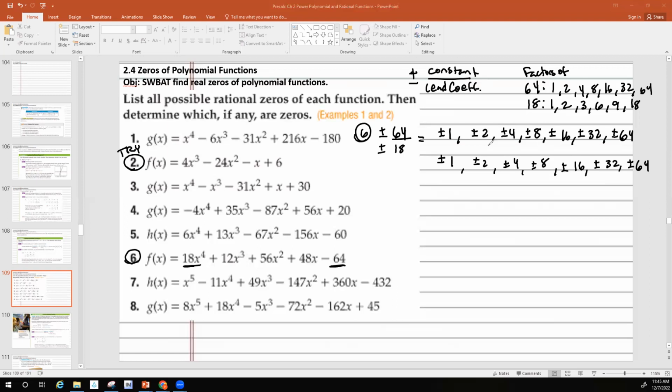So we're going to divide each of these by each of these.